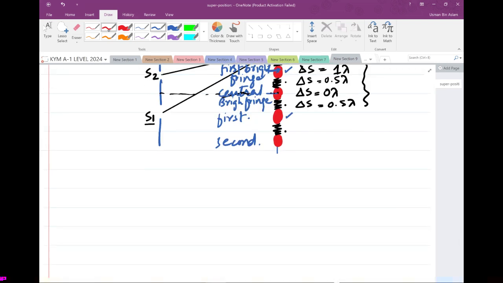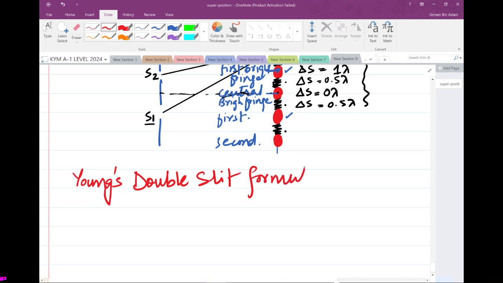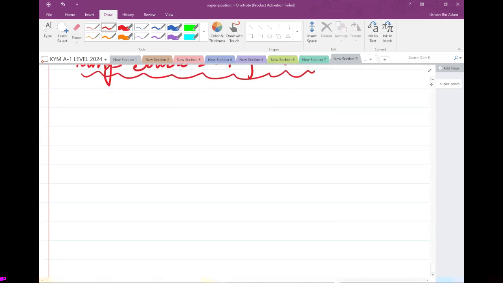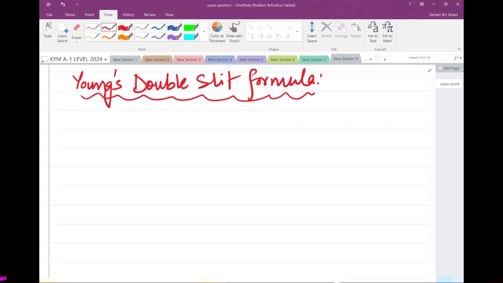Okay, now I'm going to show you the Young's double slit formula. I'm going to redraw the diagram because the earlier one is getting messier already. I don't want to do any more working on that.